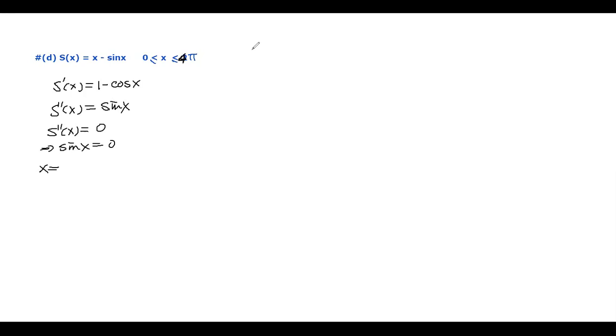So x will be equal to 0, pi, 2 pi, 3 pi, and 4 pi, right? Now I'm going to do the same way like we did before. So this is 0, pi, 2 pi, 3 pi, and 4 pi, right?